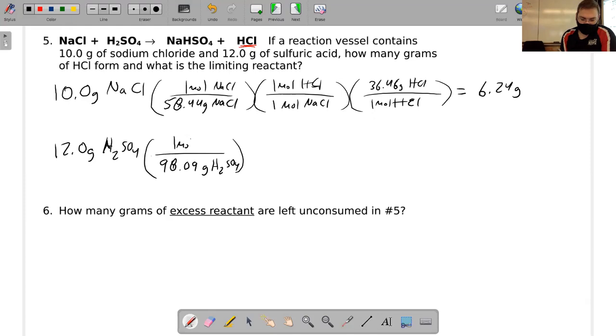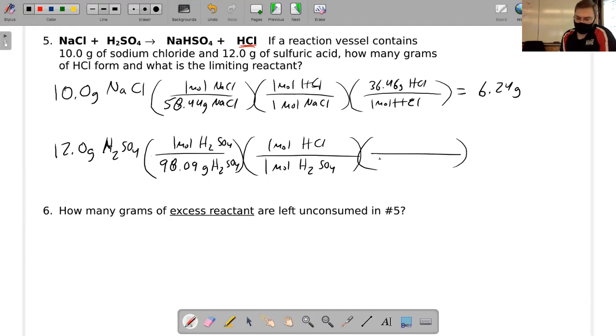It's the mass of a mole of H2SO4. The mole ratio for H2SO4 to HCl is also 1 to 1. And the last step's exactly the same, because again, you're converting from moles of HCl into grams.